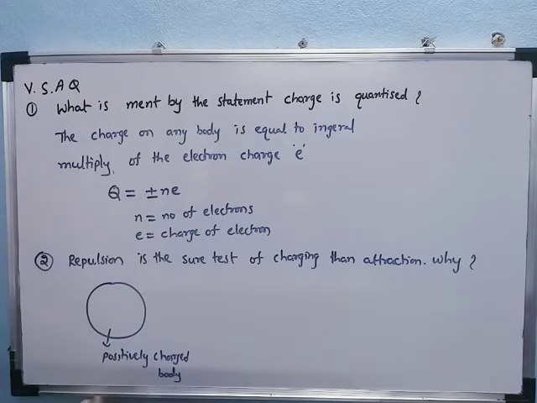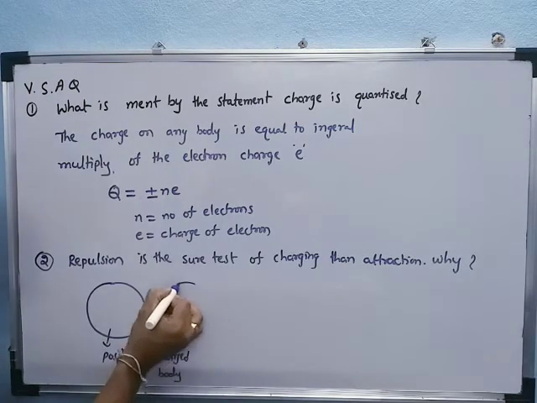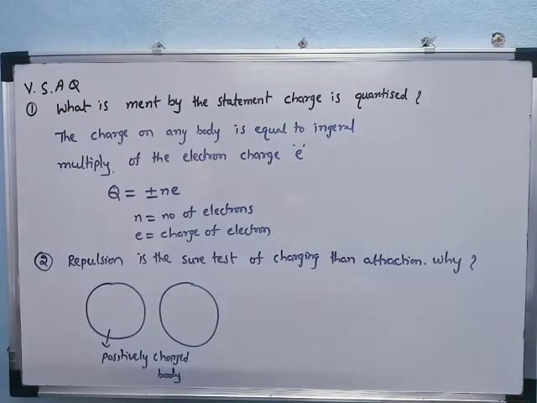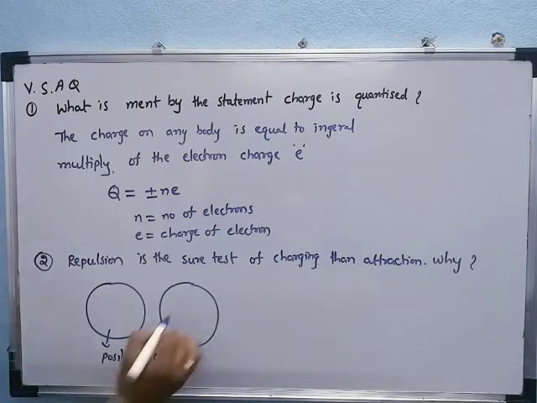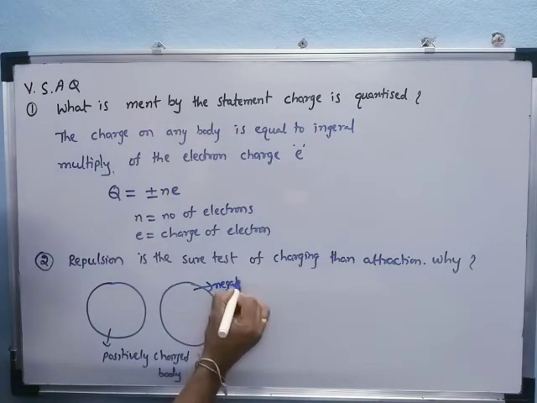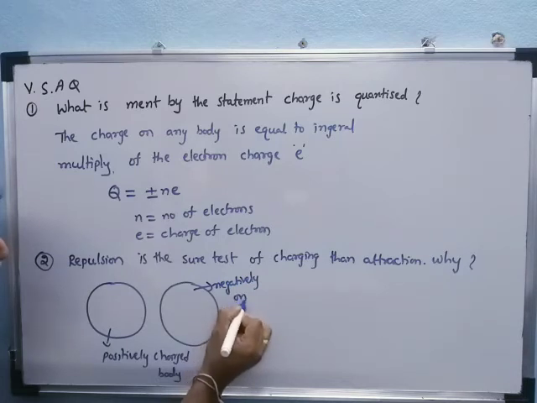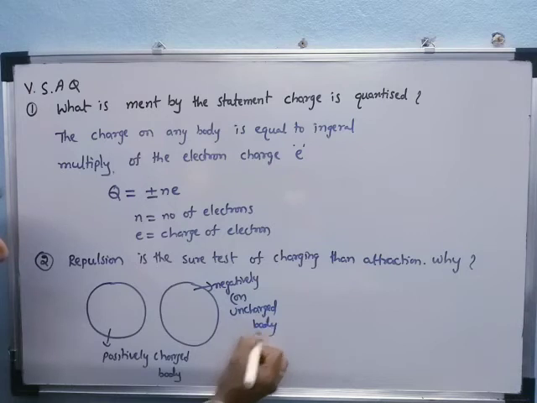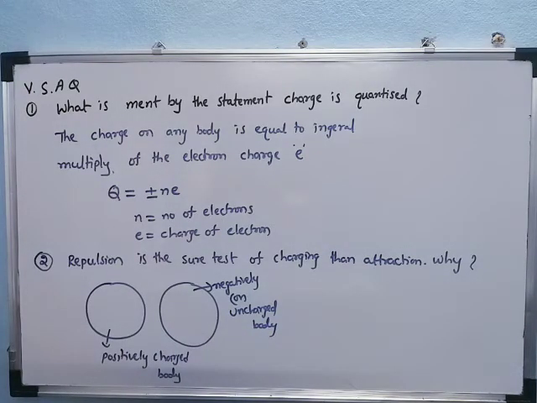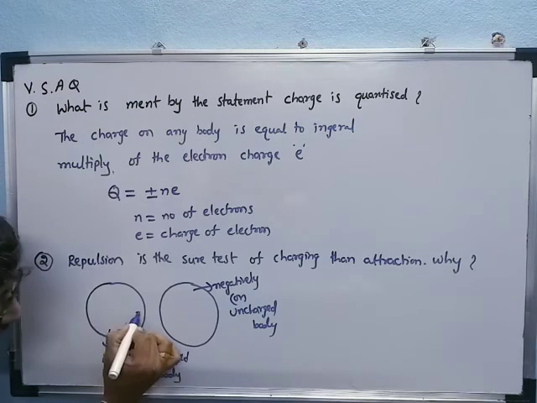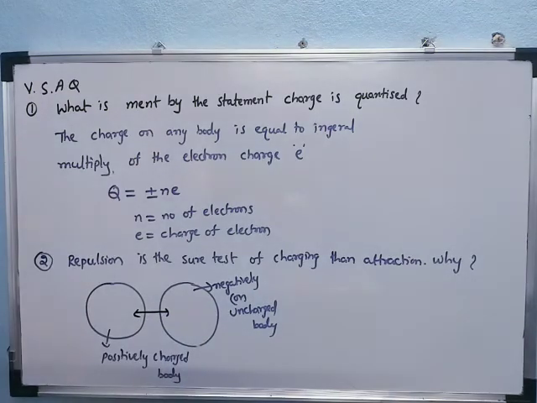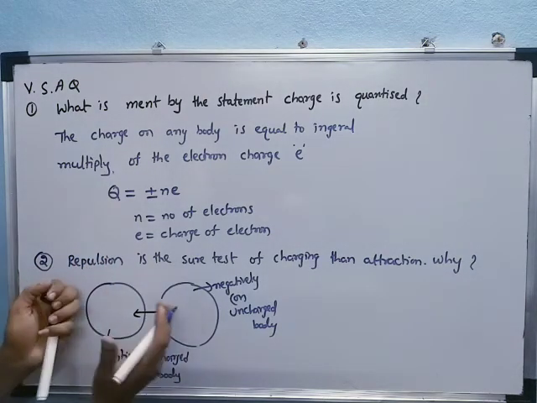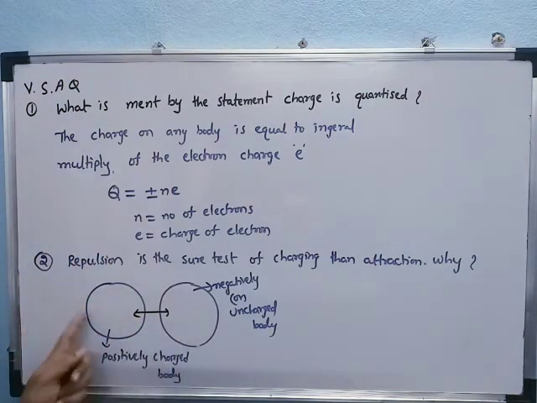Now we can bring near it an uncharged body or a negative body. But this uncharged or negative body can be attracted to a positive body. Then these two bodies can meet, that is, they stick together when there is attraction.